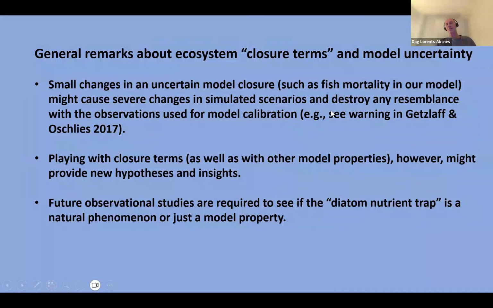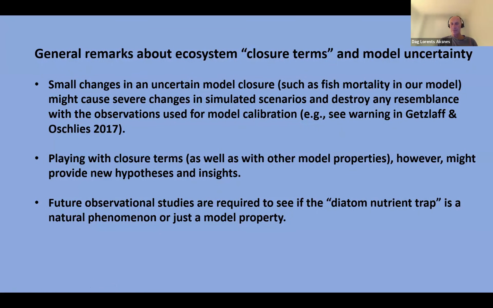This is not new, there is also a warning in this paper about the closure problem. But playing with these closure terms, as we did here, but also with other model properties, might provide new hypotheses and insights.